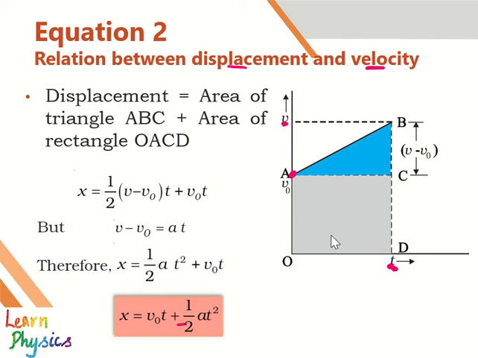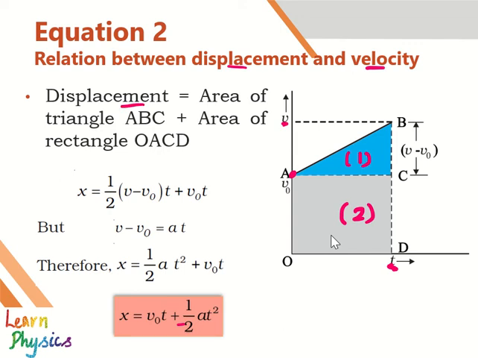Now to derive equation 2, we are going to use the fact that the area under the curve will give you the displacement. The area under the curve can be divided into two areas, the area of the triangle and the area of the rectangle. So find the area of the triangle, find the area of the rectangle and add them to get the displacement of the object.